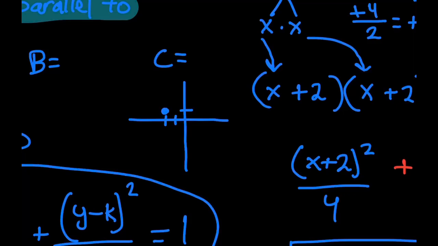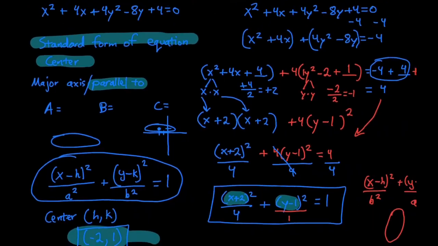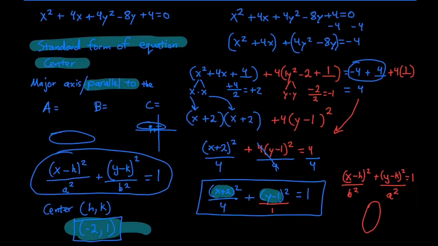So if it's being required to specify whether it's on the axis or that it's parallel to the axis, you would say that it's parallel to the x-axis. So that's how you'd answer this.